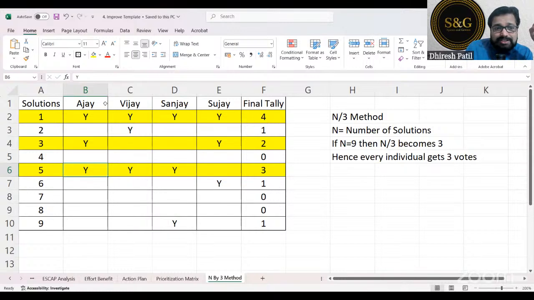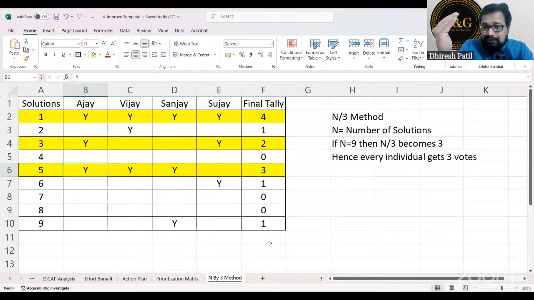Then we have to count how many votes each solution has got. The first solution has got 4, the third one has got 2, and the fifth one has got 3. The rest have got 1 or 0, so we can drop those solutions.